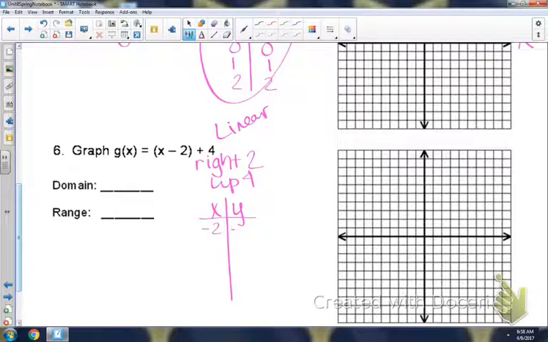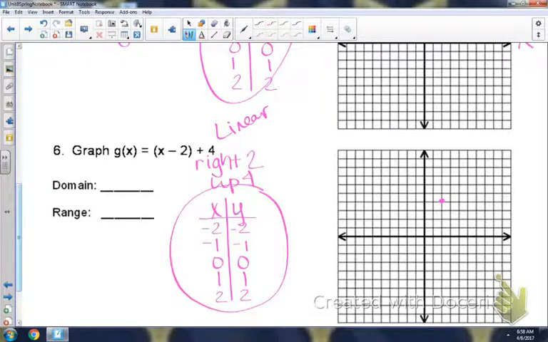That was -2, -2, -1, -1, 0, 0, 1, 1, and 2, 2. So that's our parent function. All right, so I'm going to shift right 2, up 4. From there, that's my new origin, so I'm using the parent function values. So -2, which means left 2, and then down 2. And then left 1, down 1, right 1, up 1, right 2, up 2.